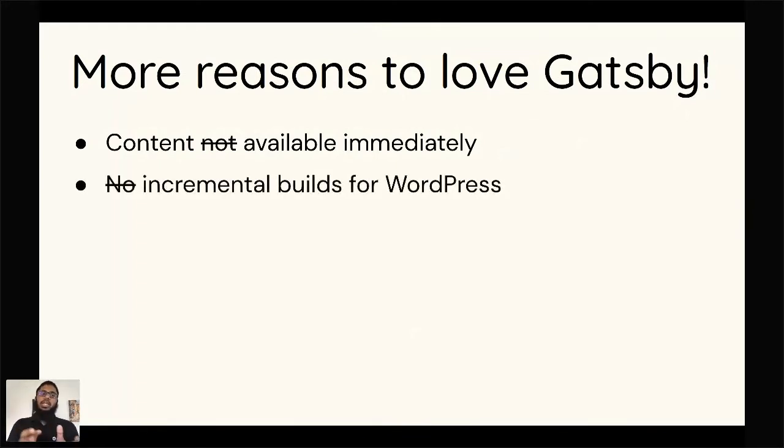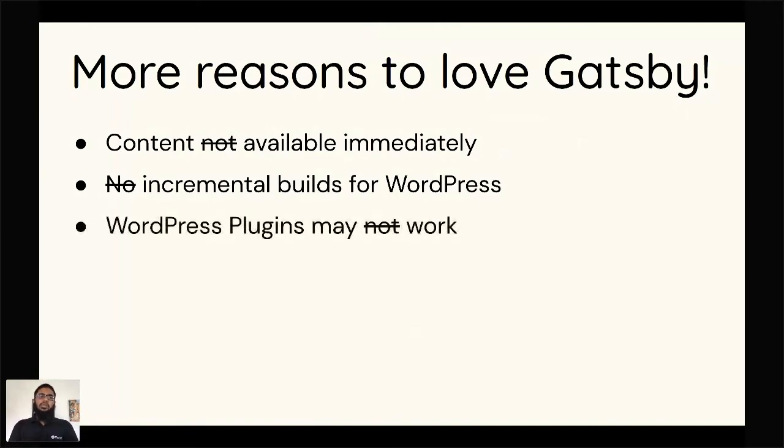Gatsby Cloud is going to bring both, and they were talking about how it speeds up builds by 1,000 times compared to earlier, because only your small changes will be made as an incremental build. And some of the WordPress plugins will work now because you can use WPGraphQL and extend it with your own extension code.